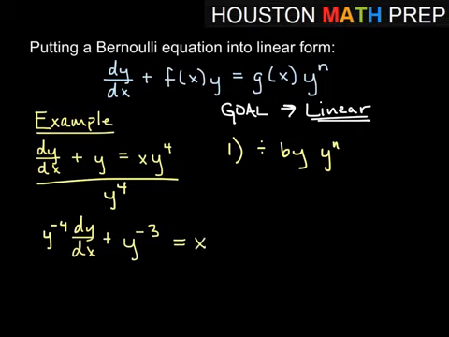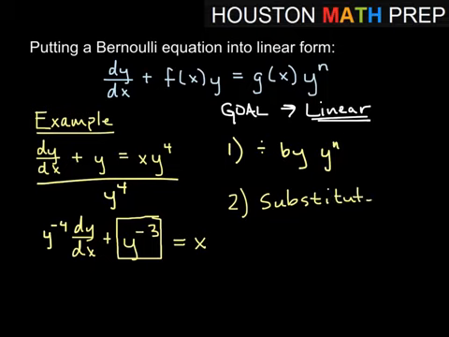Once we divide by y to the n, the next step will be to make a substitution. And what we'll want to do is choose the power of y we get here in our non-dy/dx term. So step 2, we're going to substitute. I'm just going to use the variable v, so I'll let v equal that y to the -3.